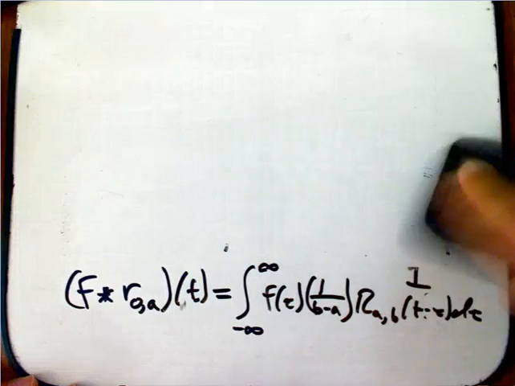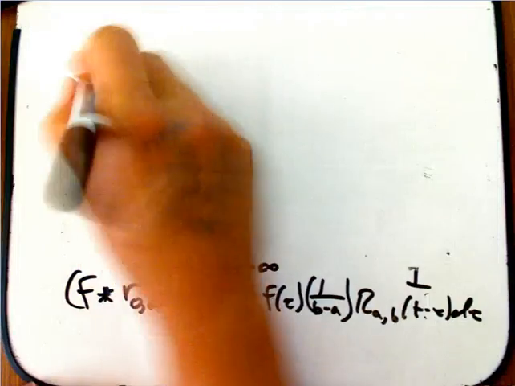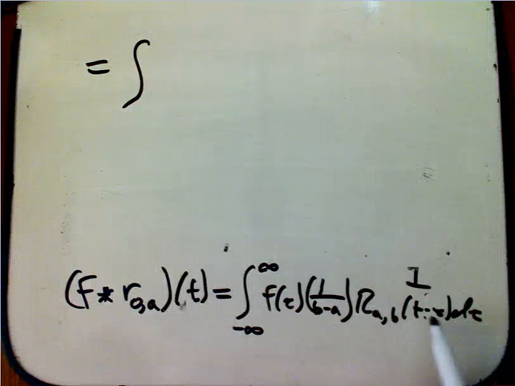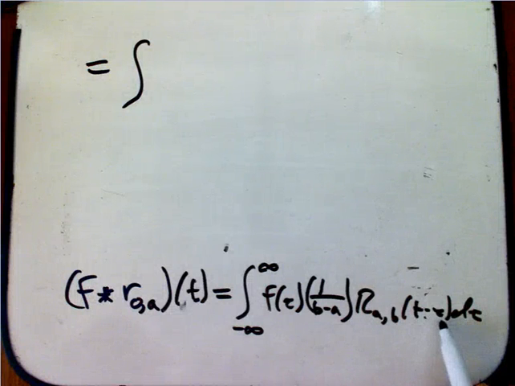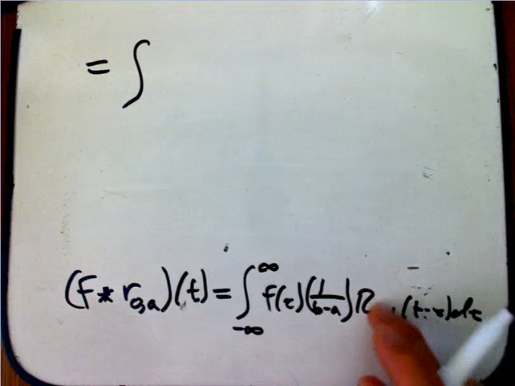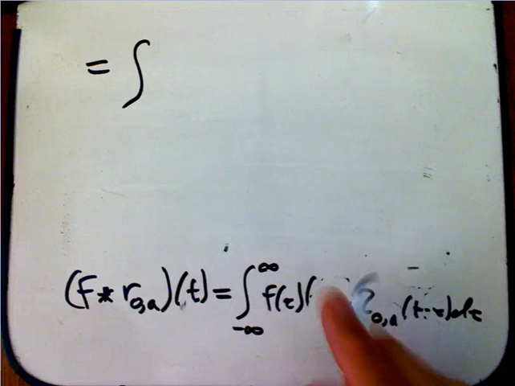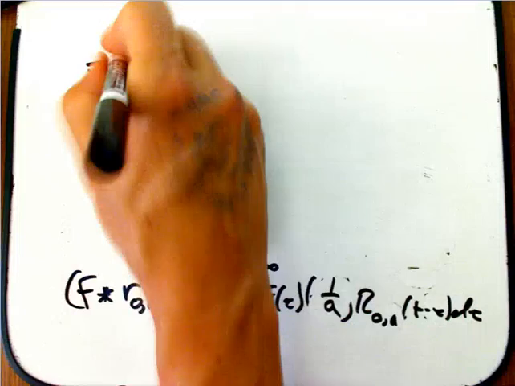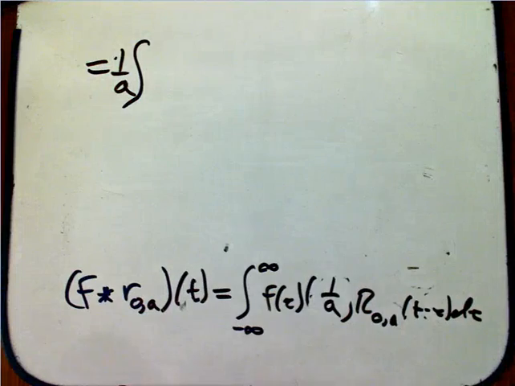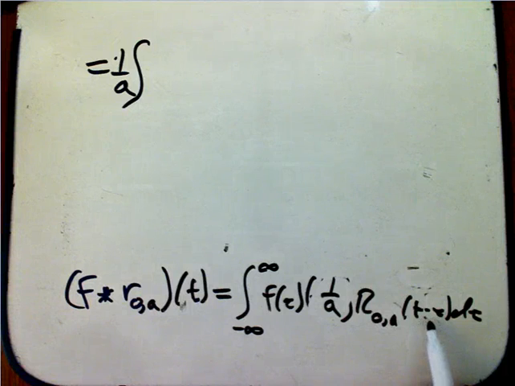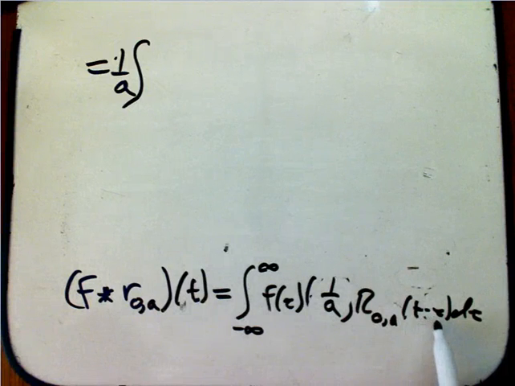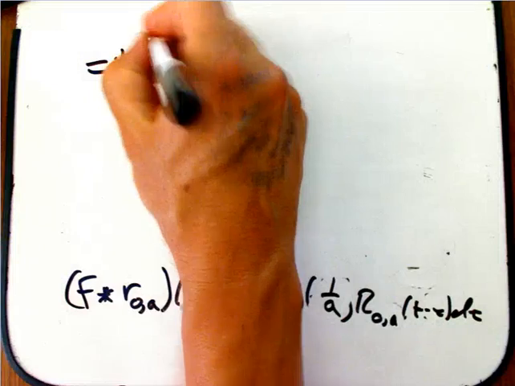So I'll give myself some room up here. And we're going to get an integral. Okay, so when t minus tau is, ooh, that's 0 to a, sorry. And that's just going to be 1 over a. So let's move the 1 over a out. Okay, so t minus tau has to be bigger than 0. So tau had better not go above t.